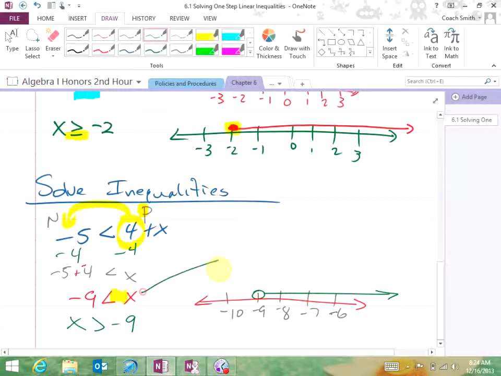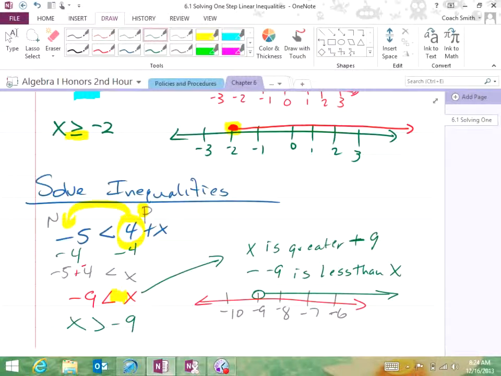Okay? This is read x is greater than -9, or -9 is less than x. Okay, that's the two ways that is read.